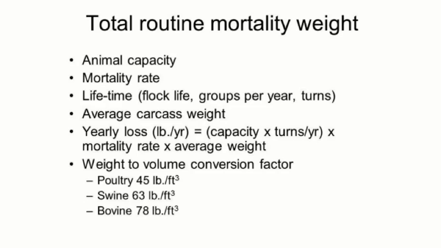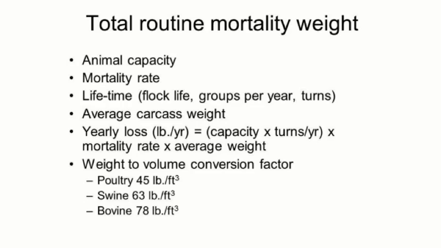Routine or total normal mortality. How do we figure that? How do we figure the total weight of animal carcasses coming from a farming enterprise? We need to know the capacity of production on that farm, whether it be 100 cows or 100,000 laying hens at any one time.